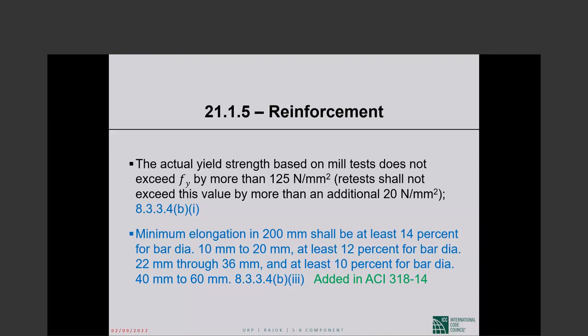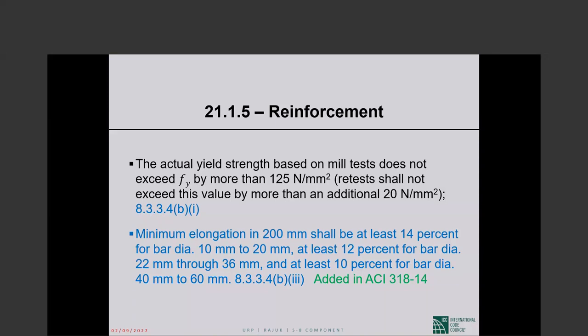On retesting, you can go another 20 Newton per square millimeter, but then 145 is the limit. You cannot go beyond that.